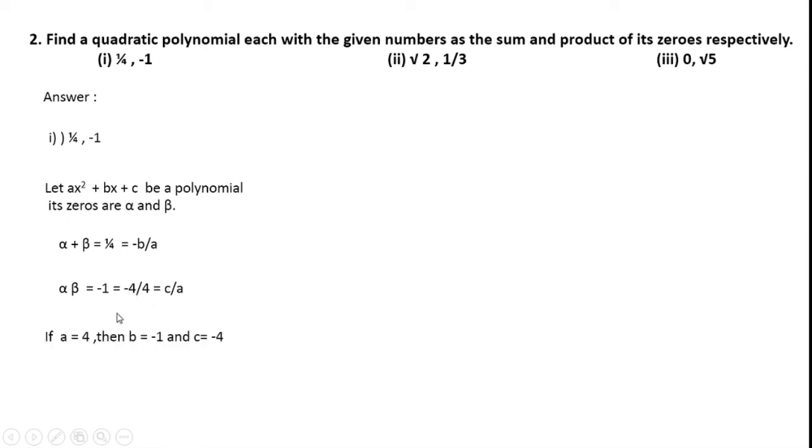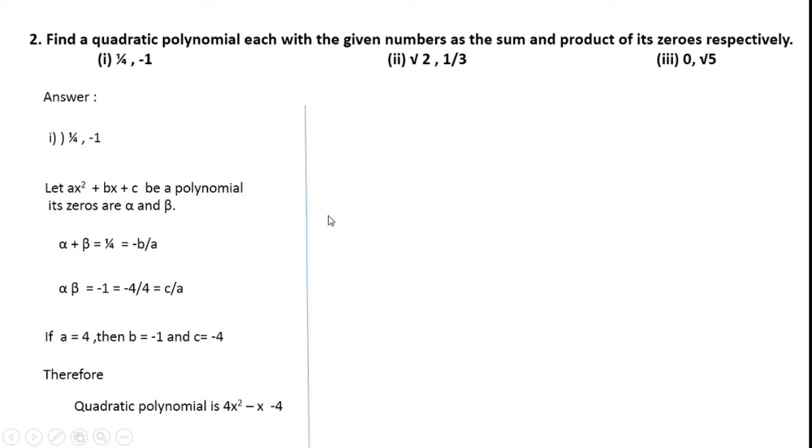From these two, a equals 4, b equals minus 1 and c equals minus 4. Now we can write the polynomial. Instead of a we give 4, b we give minus 1, and c we give minus 4. Now the polynomial is 4x square minus x minus 4.